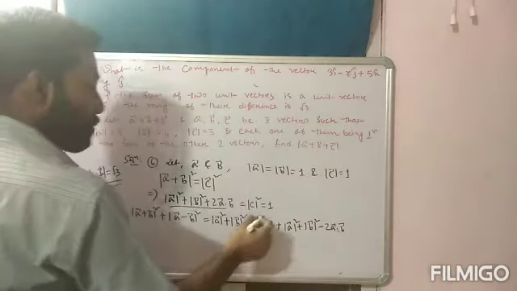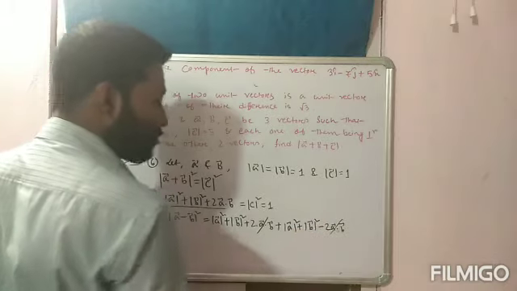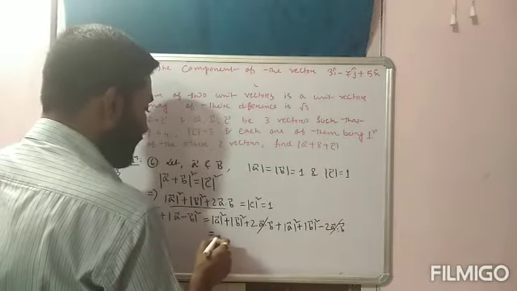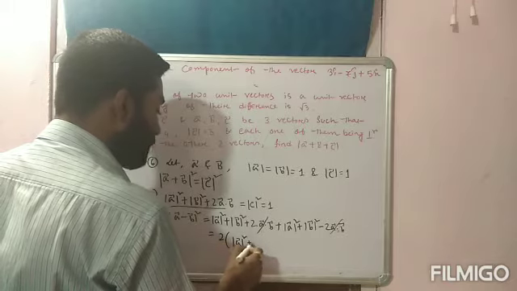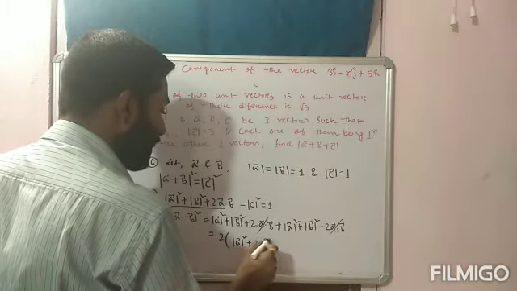The plus 2 a bar dot b bar and minus 2 a bar dot b bar cancel. So what remains? 2 times mod a bar square plus mod b bar square.